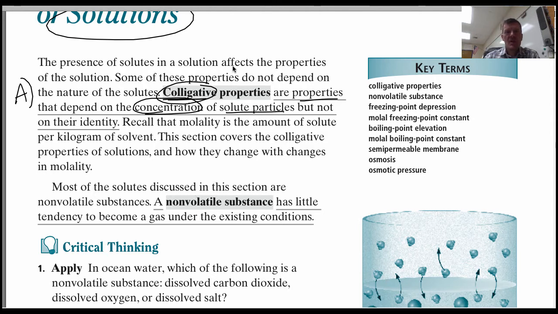Remember we talked about molarity. Concentration is measured in molarity, and molality. Okay? And mostly we're going to talk about how they change with molality. We're going to use molality a lot in this one.